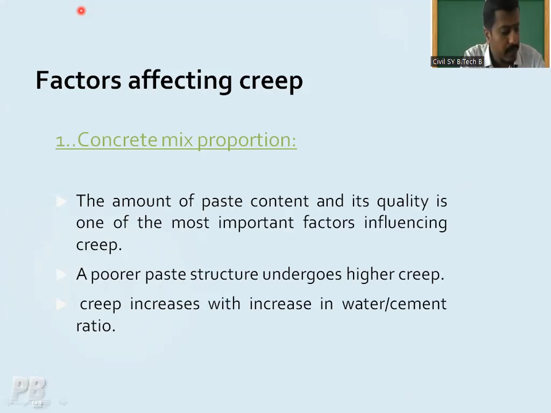And creep, if you see the definition, I think you are all aware now, is one kind of deformation due to the loading. So if you take all your ingredients wrongly, then it leads to increase in that deformation at a very early stage.